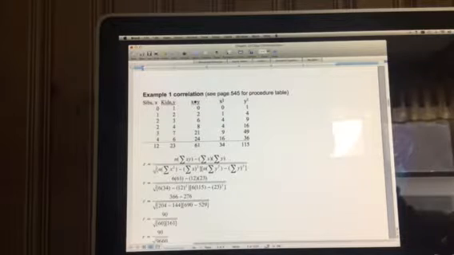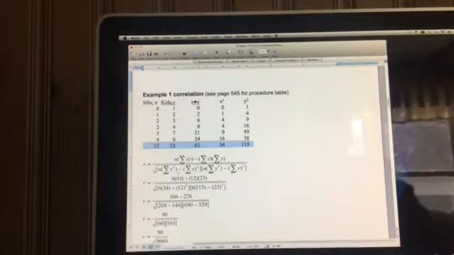Fourth column, X squared. Take your independent variable times itself for each row. And then finally, the fifth column, take your dependent variable, Y, times itself. After you've done that, for each of the 5 columns, add them up. Once you've done this, these 5 numbers plus n, the number of pairs of data you have, are all you need to calculate the correlation coefficient.